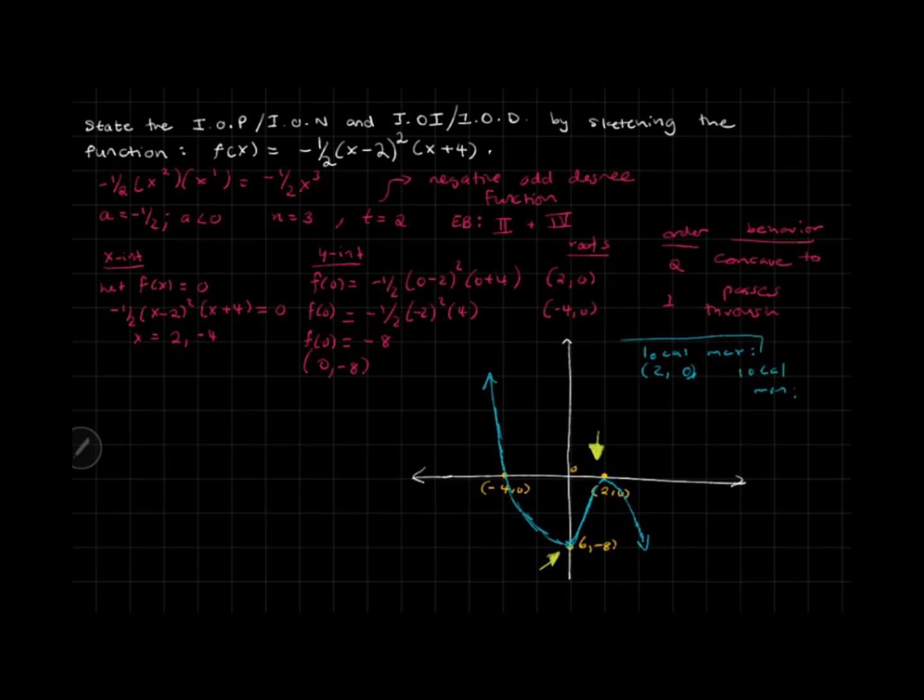There's a local maximum at (2, 0), and there's a local minimum at (0, -8). So keep that in mind. And you can see there are opposite end behaviors here, positive infinity, negative infinity.